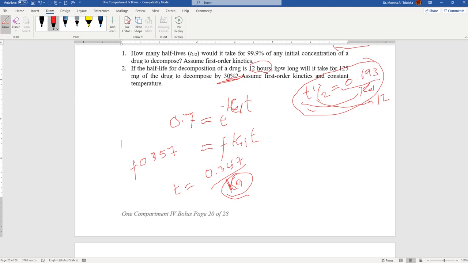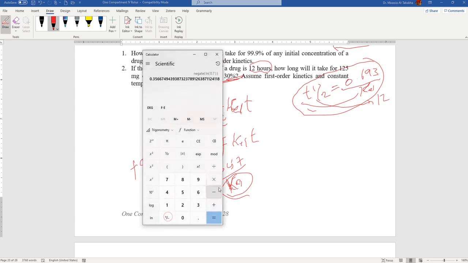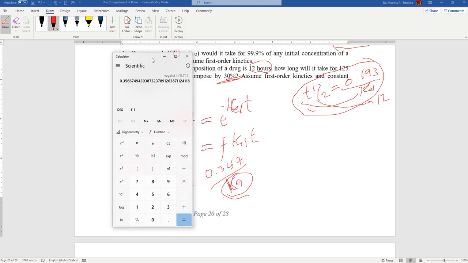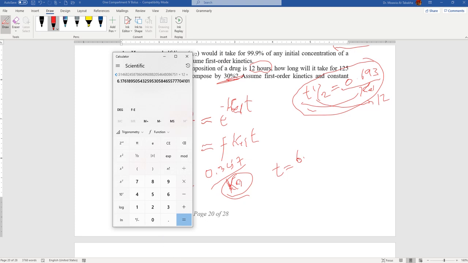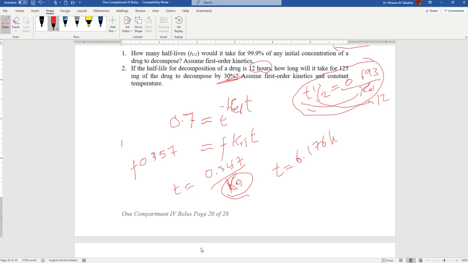بحكي لي كم half-life and then I multiply it by 12. So I can choose any one of these methods. So I can divide this number by 0.693, equals, and then multiply it by 12, and you will see that the time that we need is 6.176 hours, okay, in order for 30% to decompose. شوفوا, 30% is not 50%.